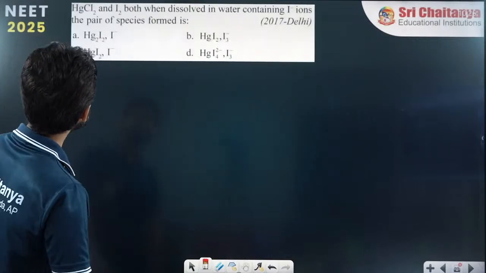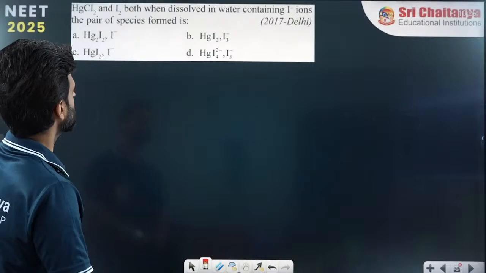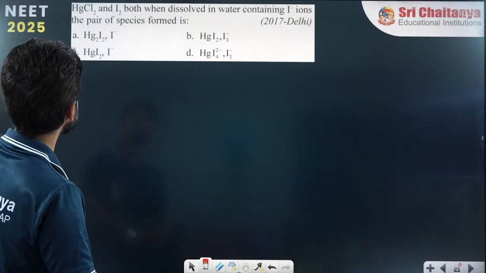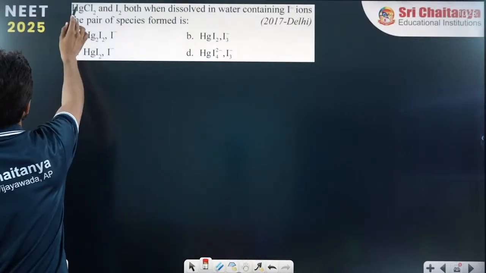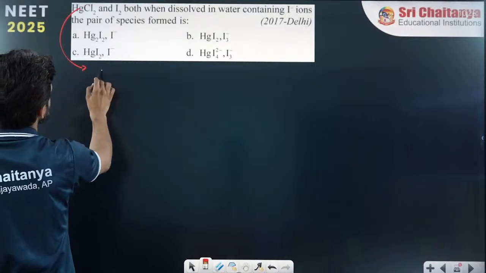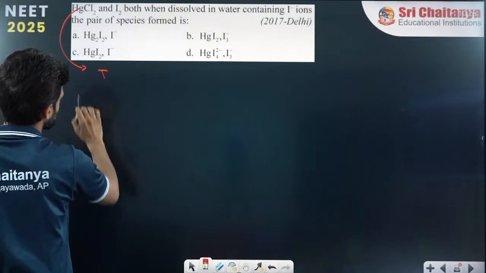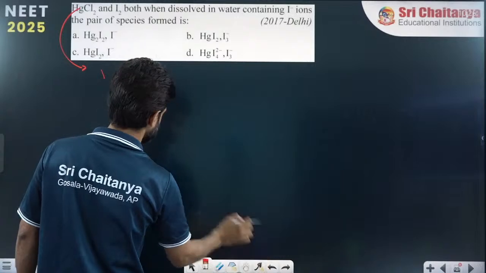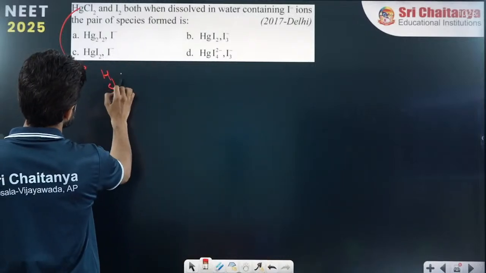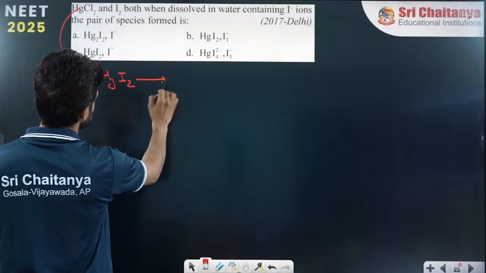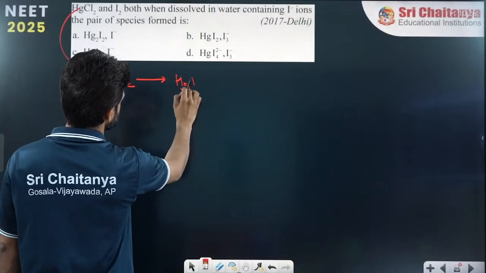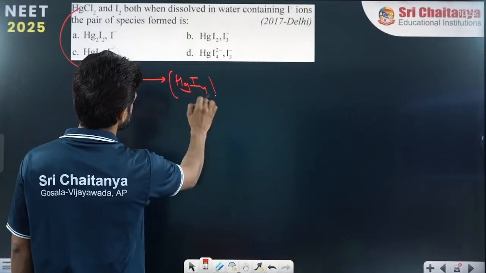Now HgCl2 and I2 both when dissolved in water containing I minus, okay. But first of all, HgCl2 combined with I2 and gives us HgI2. Then this HgI2 further reacts and makes a complex, HgI4 2 negative.